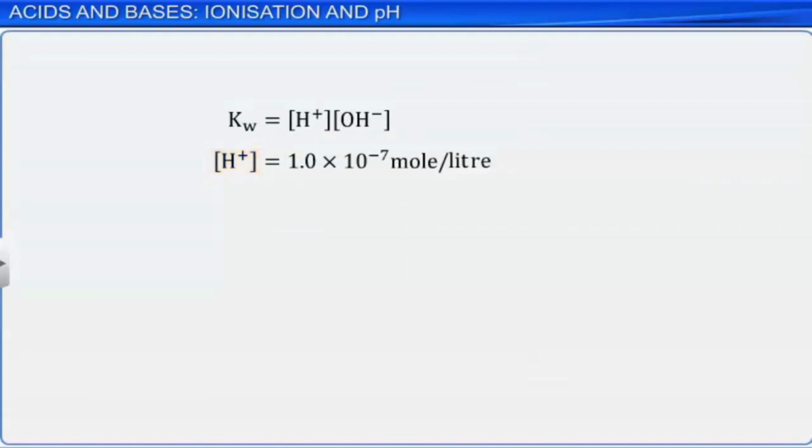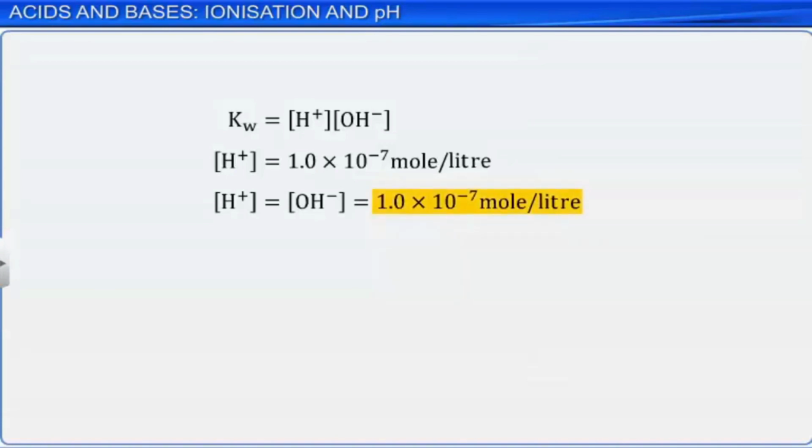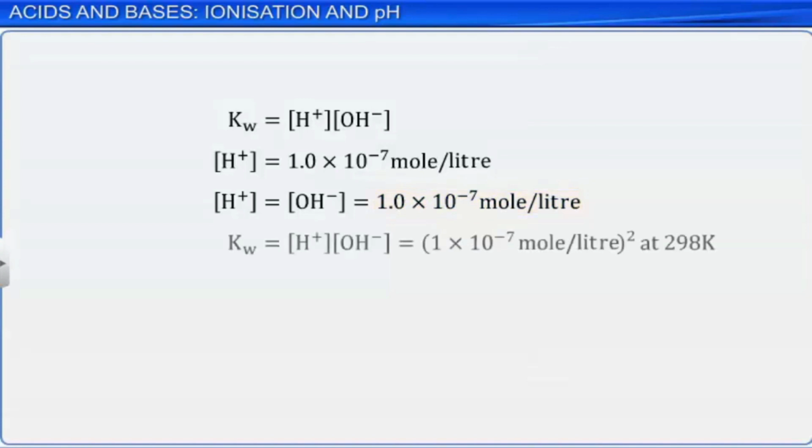Experimentally, the concentration of H+ ions at a temperature of 298 Kelvin was found to be 1.0 multiplied by 10 to the power of minus 7 moles per liter. The dissociation of water produces an equal number of H+ and OH- ions, and hence the concentration of OH- would also be equal to 1.0 multiplied by 10 to the power of minus 7 moles per liter.